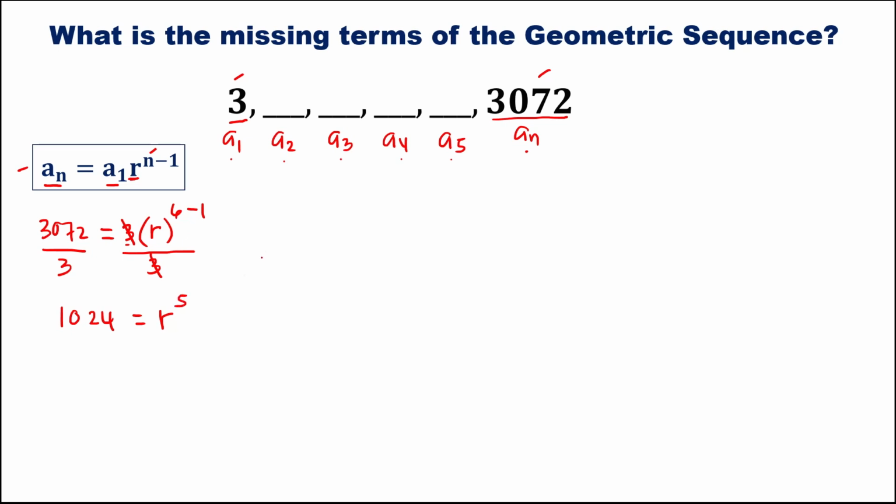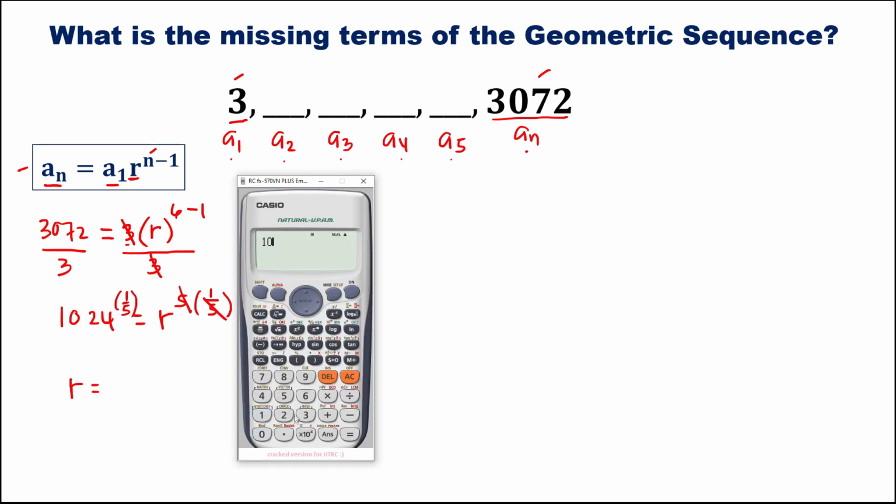Then to solve for r, since the exponent is 5, we raise both sides to the exponent 1 over 5, so we can cancel this exponent. So r equals 1024 to the power 1 over 5.